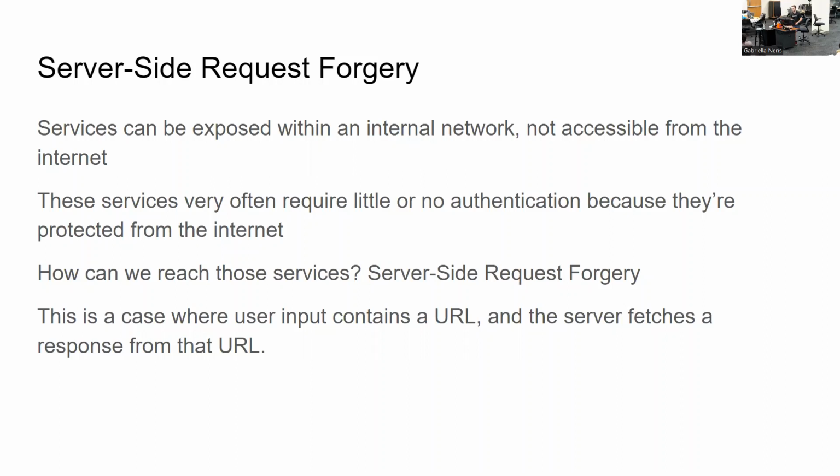So it doesn't really matter as much if they have authentication. So the impact is, if you can get the server to fetch a URL and then give you the response of that, then you can get the server to fetch internal services and get the response of those internal services, which could contain sensitive information.